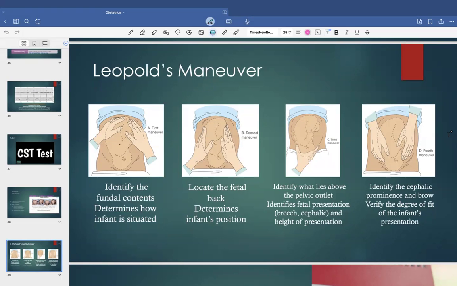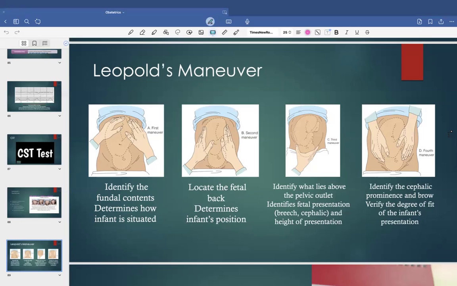Position 3, hands are now right above the pubic symphysis. Okay? And you want to feel the presentation there. Is it hard like a head, squishy like a butt? That also helps you with engagement. What is engagement? Engagement tells you where the baby's at.